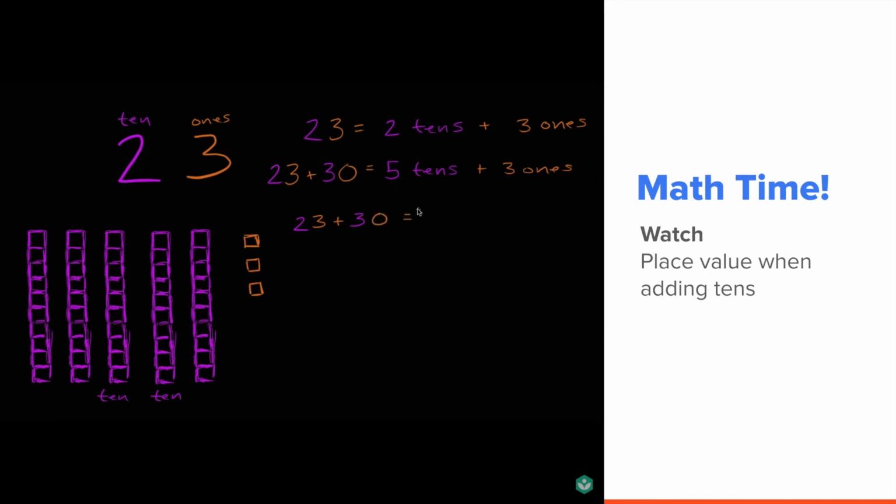We could just write that as a 5 in the tens place, represents 5 tens or 50, and then we're going to have 3 ones. So 23 plus 30 is 53. You have 2 tens plus 3 tens give you 5 tens. 3 ones plus 0 ones is equal to 3 ones.